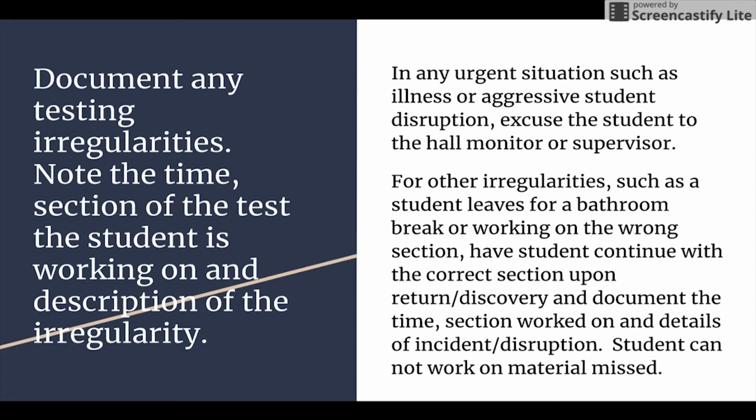For other irregularities, such as a student needing to use the bathroom or working on the wrong section of the exam, just have the student continue with the correct section upon their return or discovery, and document the time. The student can resume onto the section that they should be working on, and just put a description of the incident. Those students cannot go back and work on missed material, but they can just resume with everybody else.